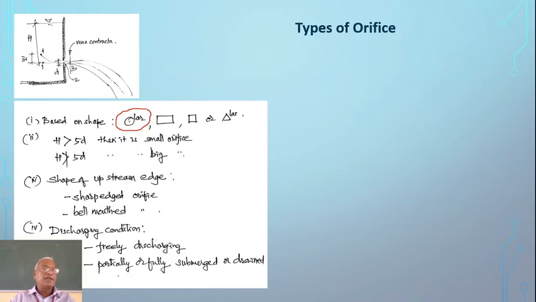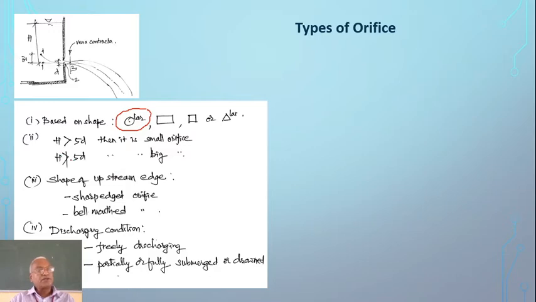Now here in the second kind of classification, you can see H. What is H? Capital H indicates the head above the orifice, meaning from the center of the orifice up to the free surface of the liquid. If this H is more than 5 times D, the diameter of the opening, then it is a small orifice.